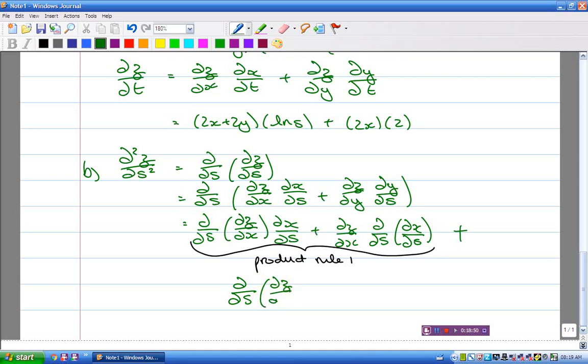dz by dy, and then the dy by ds just comes along for the ride, and then product rule says, okay, now it's the dz by dy that gets to just come along for the ride, and we're differentiating dy by ds. And that's product rule 2. And I've run out of page.